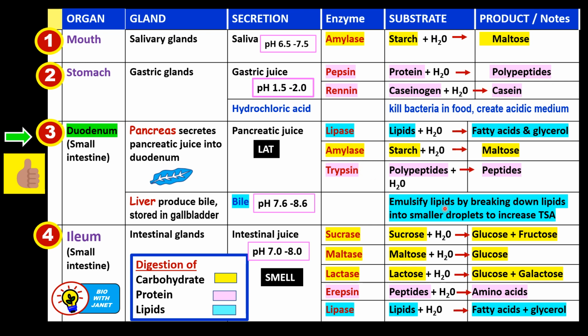Now, bile has another important function, that is to emulsify lipids by breaking down the lipids into smaller droplets to increase the total surface area so that the enzyme lipase can act more efficiently on the lipids. So bile doesn't contain any enzyme, right? It's just to emulsify the lipids.